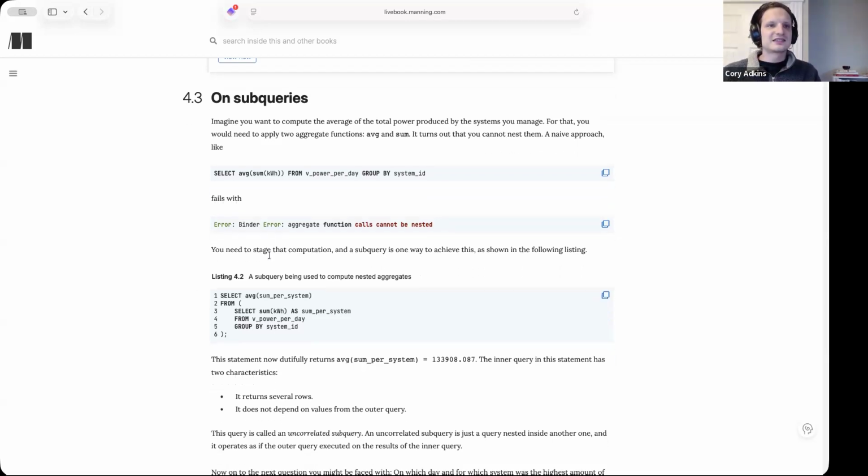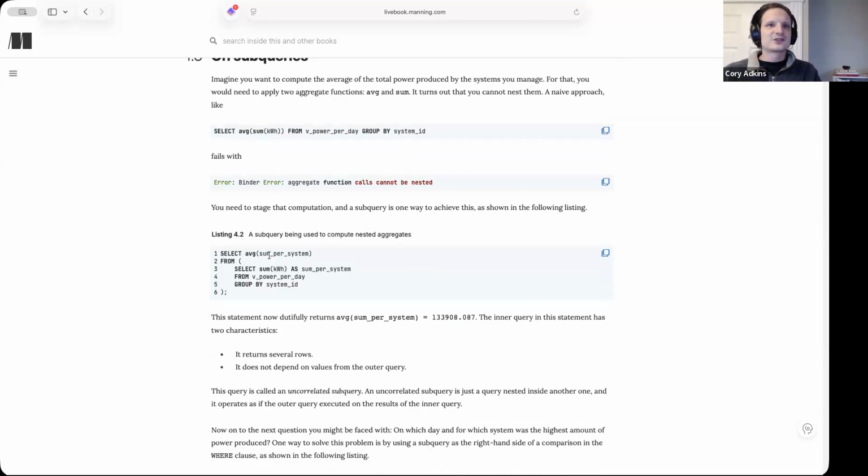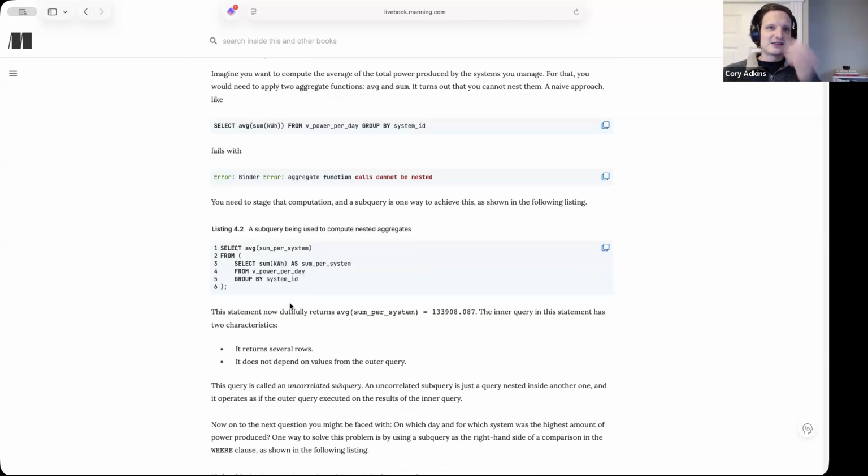So in this first one, this is a common pattern, where you want to select the average per system, the group level average for each system.